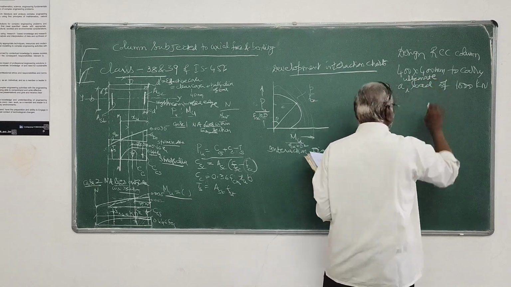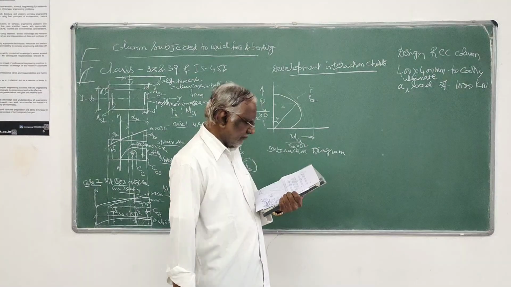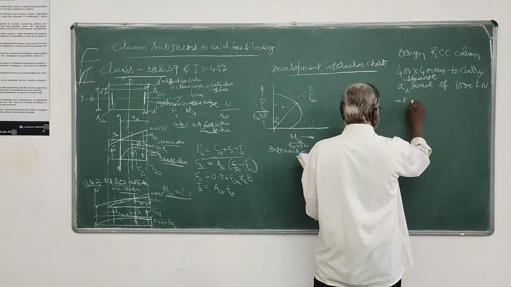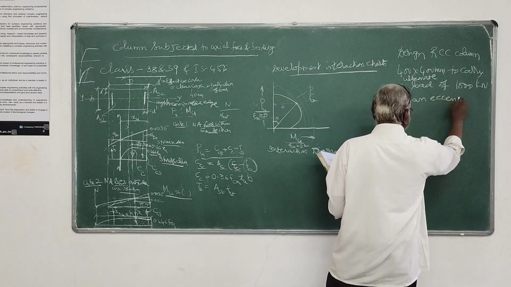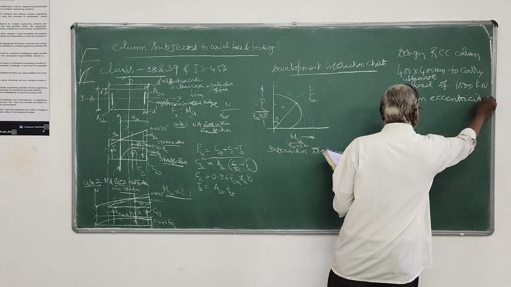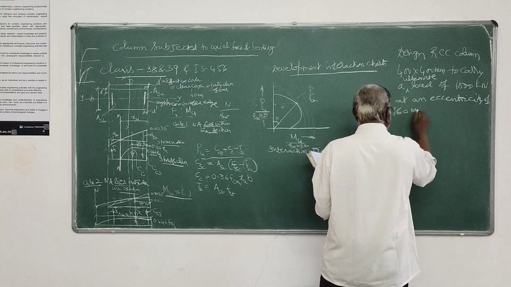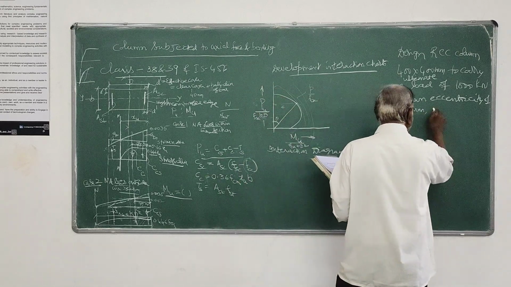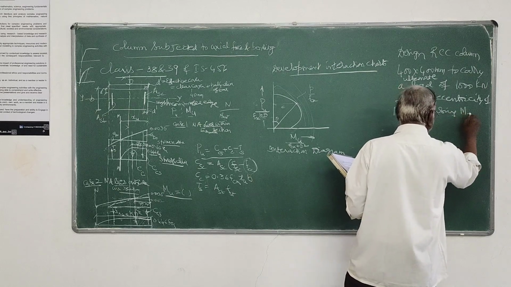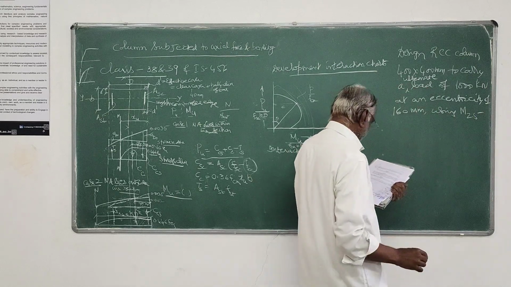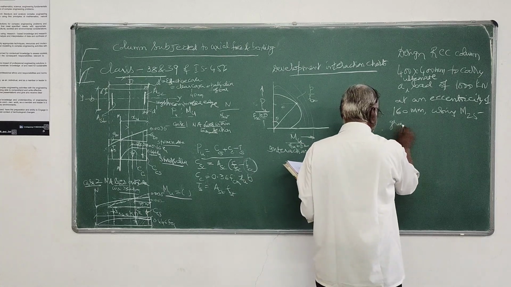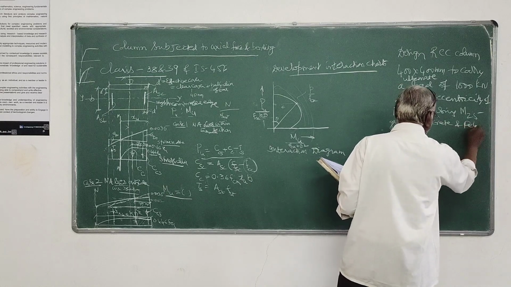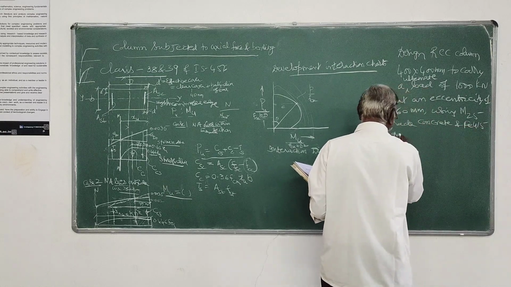It is not the service load, you need not multiply by the load factor. Carry an ultimate load of 1000 kilonewton at an eccentricity of 160 millimeters using M25 grade concrete and Fe 415 grade steel.